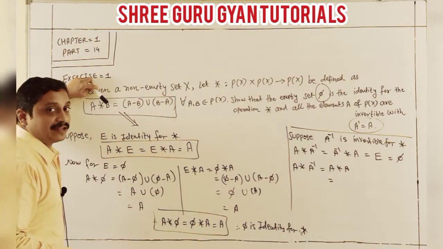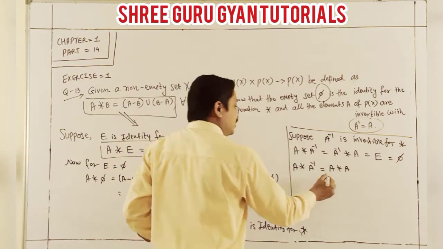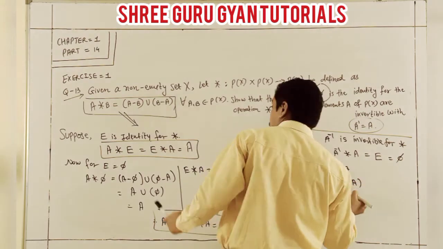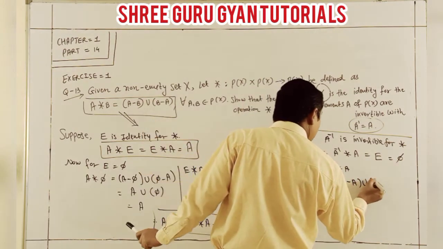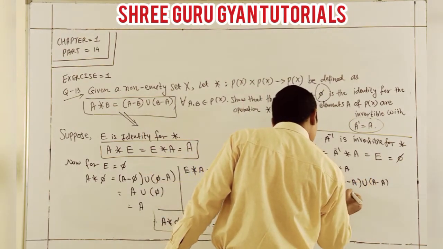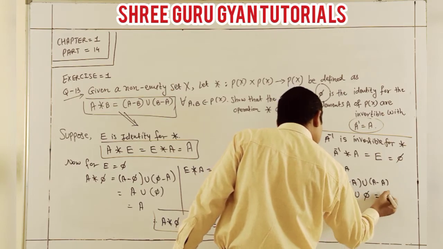A binary B is A minus B union B minus A. So what do I write here? A minus A union A minus A, which is null set union null set. It is the null set. Check, it is true.